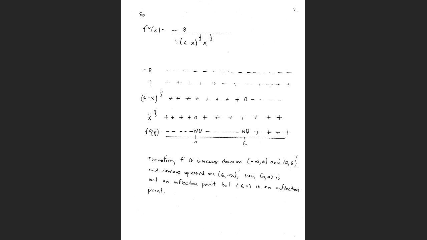Okay, and so we have, well, we got a -8, we got a 6 minus x to the 5/3, and we got an x to the 4/3. And they are all here.